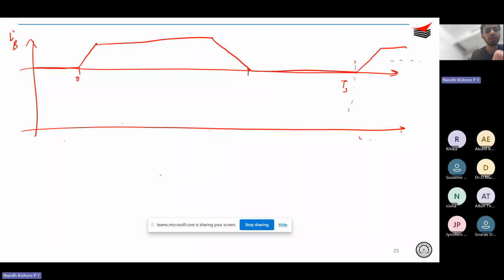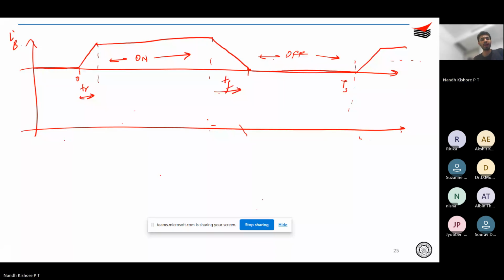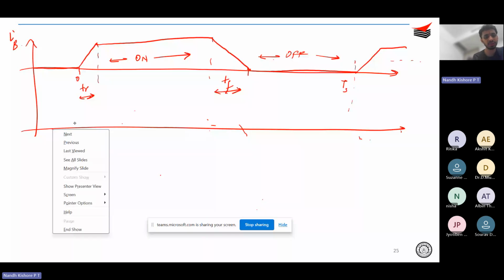Okay, so this is your entire on period, this is your entire off period, and you have TR and you have TF. So we have to find out the loss components in each of these.